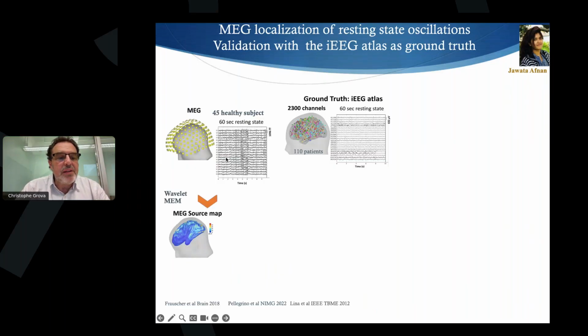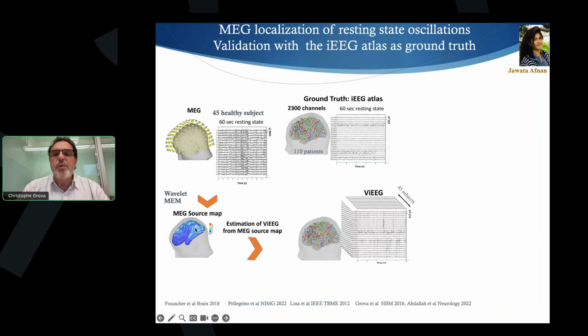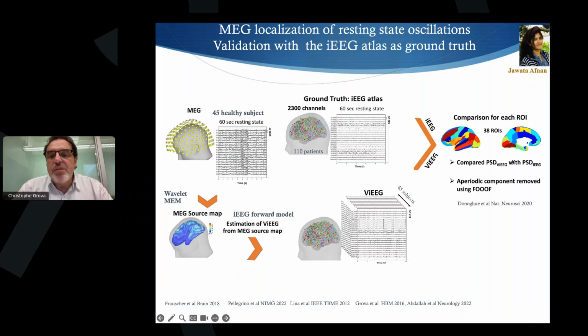And we applied WMEM to do a source map, and then we transformed, using this method of applying an SEEG forward problem, our source map into virtual intracranial EEG signals, and then we could compare those in different regions, and we also removed the aperiodic component.